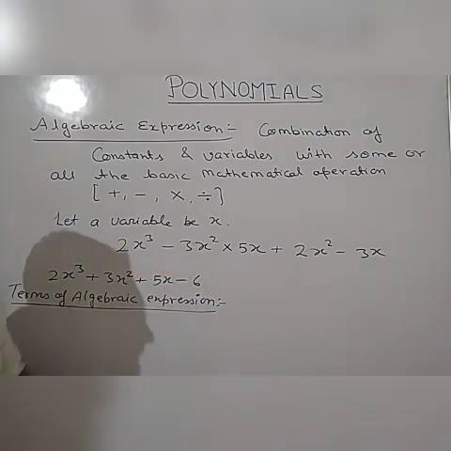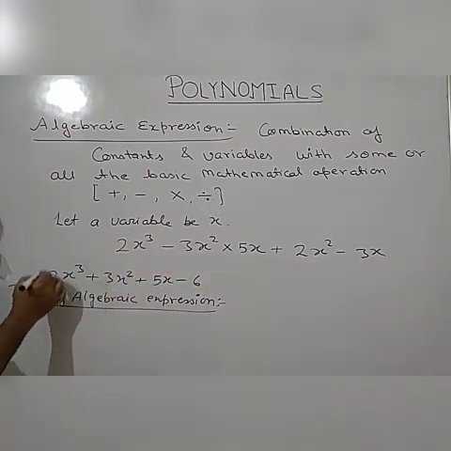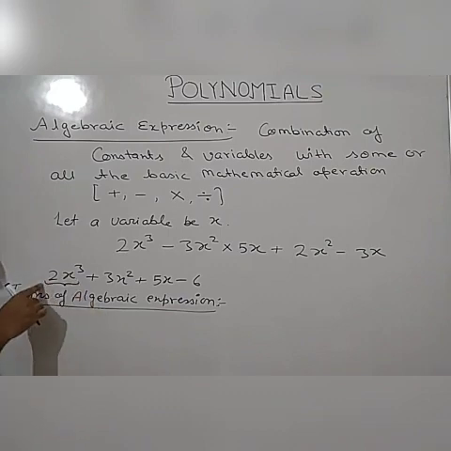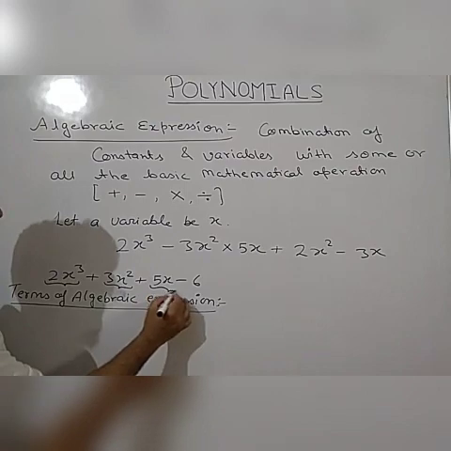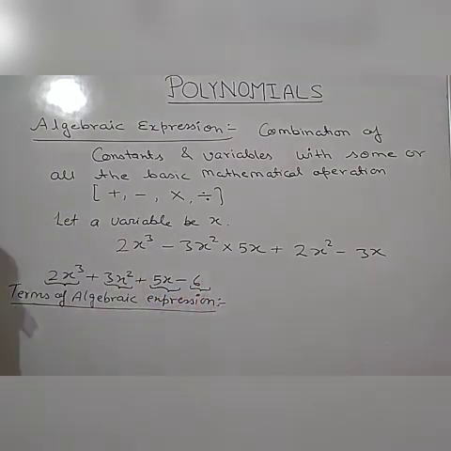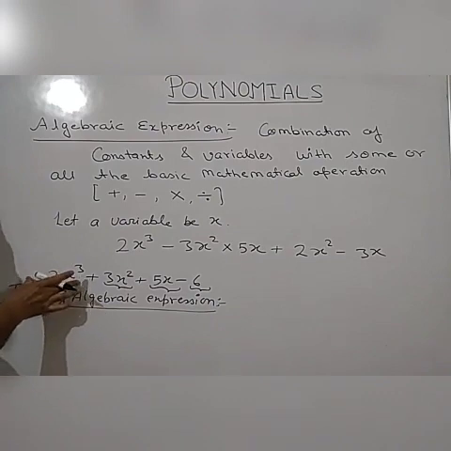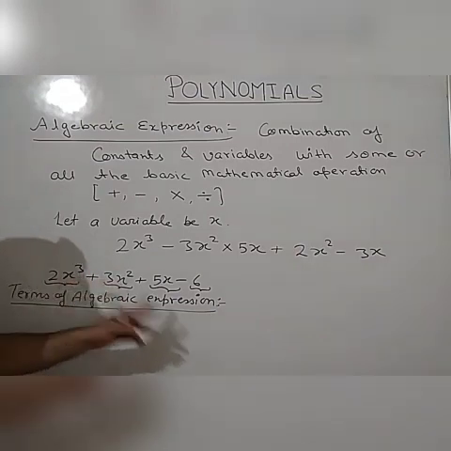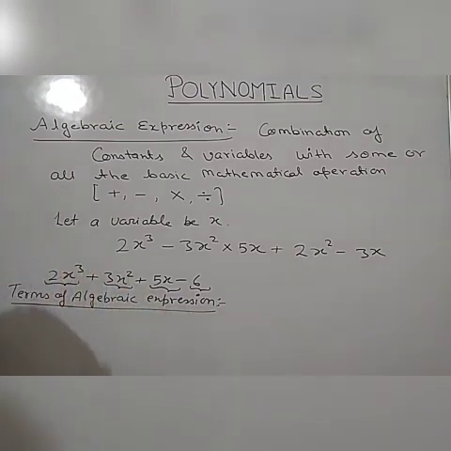For example, 2x cube is one term, 3x square is another term, 5x is another term, and 6 is another term. These separate variables or separate combinations of constant and variable in an algebraic expression are known as terms of the algebraic expression.